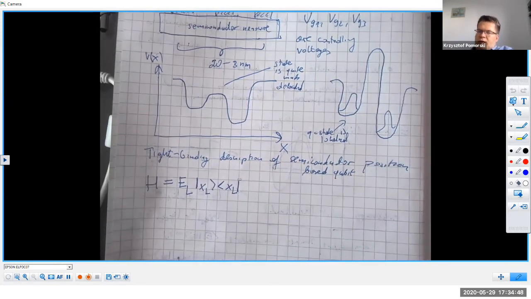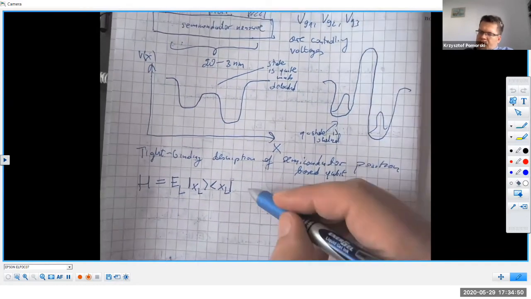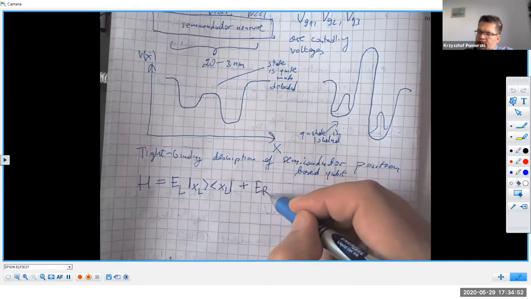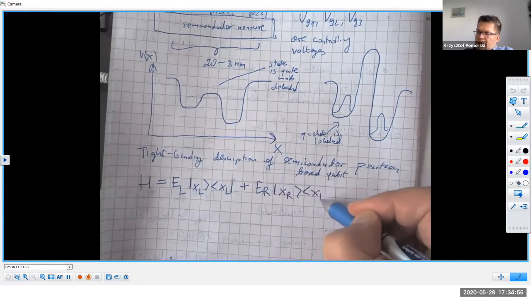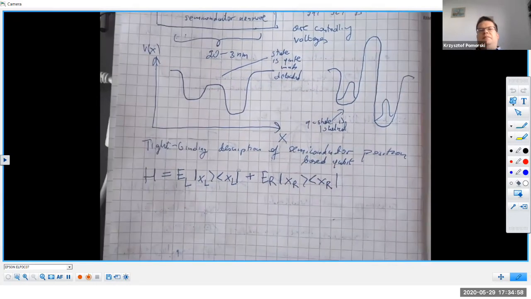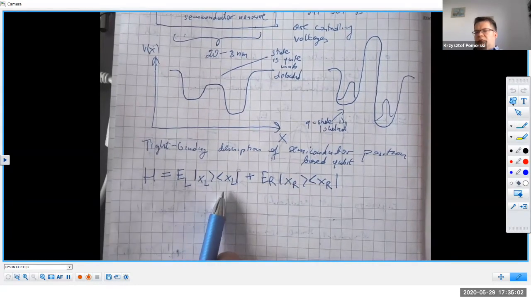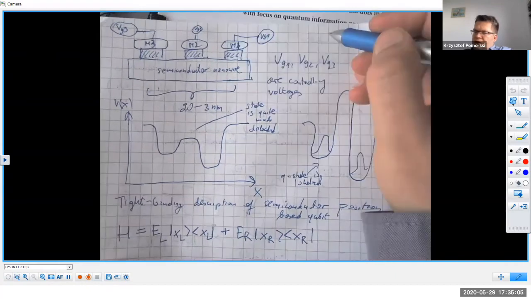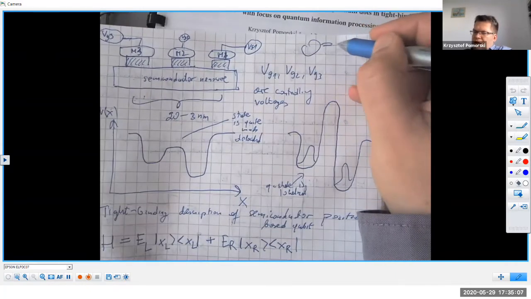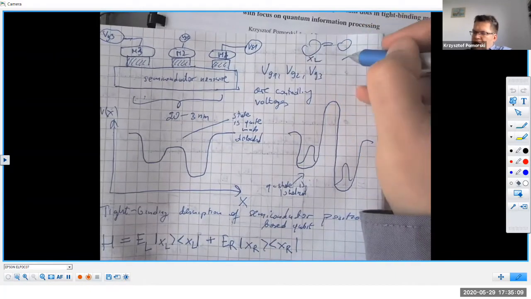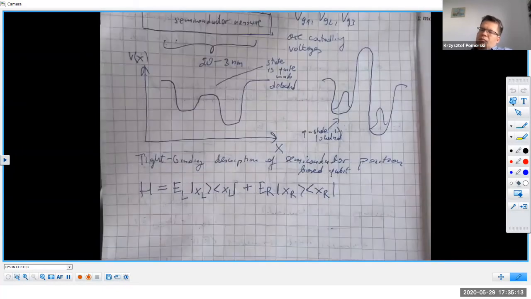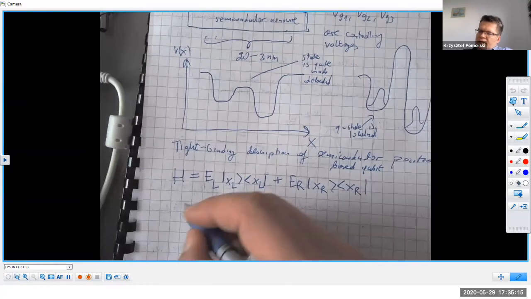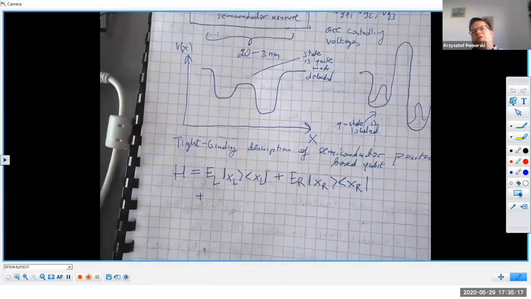So let me start first from the case of an isolated system. It's like this. Left position of quantum dots, so basically this corresponds to QL and Q right. And there is a possibility of tunneling.